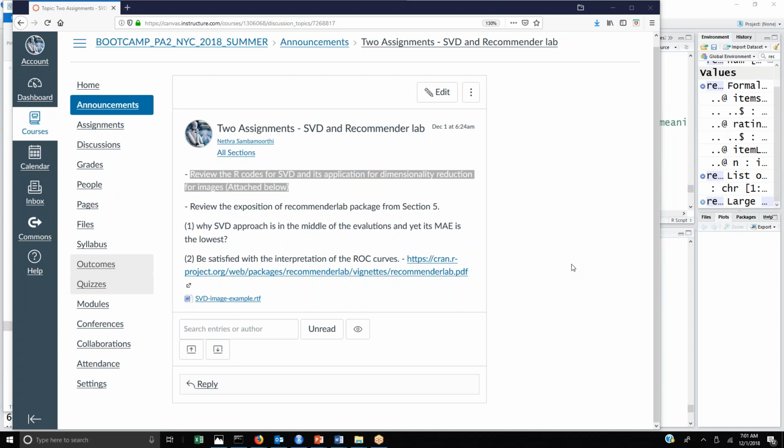Data matrix is rows are people, columns are movies. Rows are people, columns are products they buy. Rows are people, columns are their characteristics. Things like that, which is a data matrix. Very fundamental difference between these two. Understand?